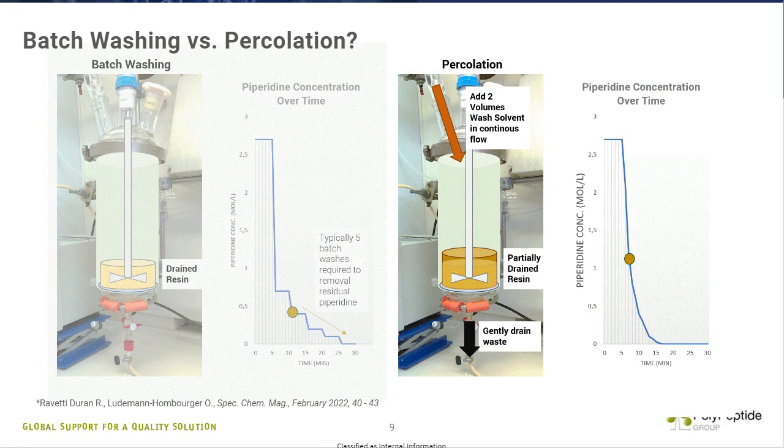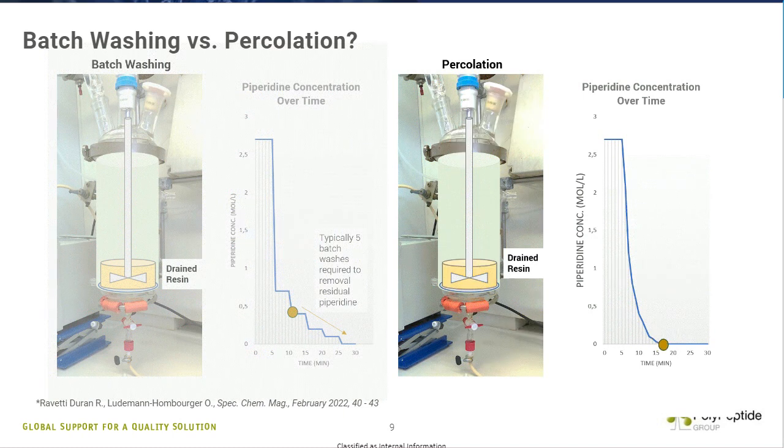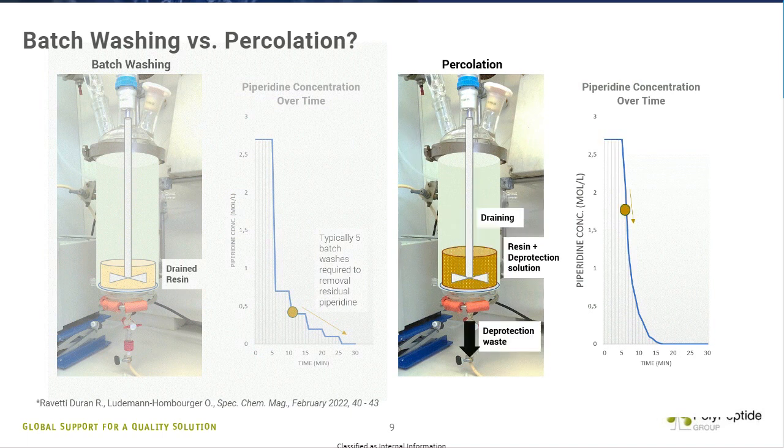The next one, can you comment on temperature effect? Do you monitor temperature in the synthesis and washing process? Yeah, so we monitor temperature. I'm not sure that was included in the slide, but temperature is monitored at all stages of the synthesis, and this is very important.